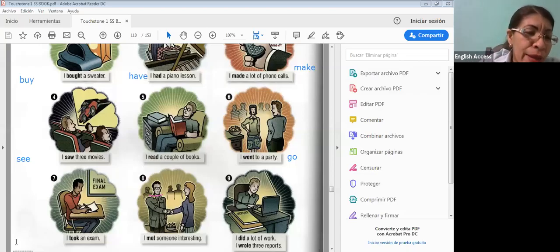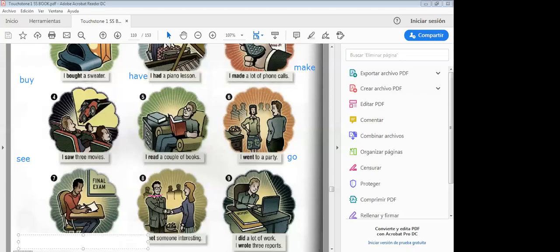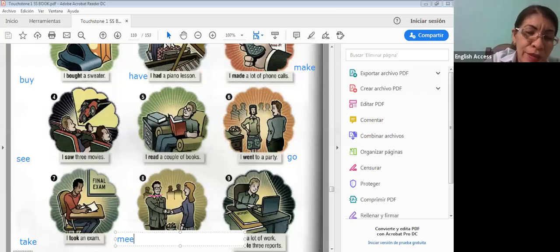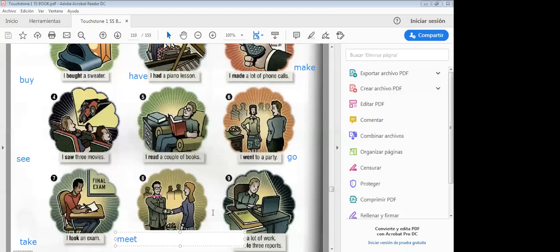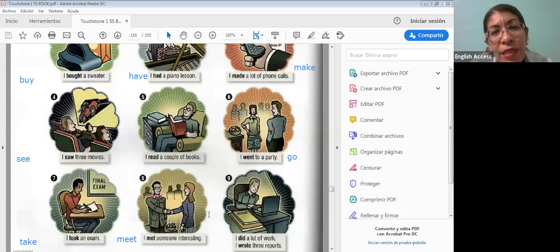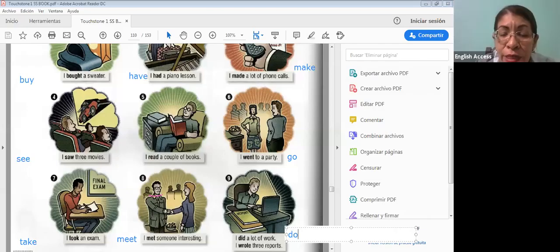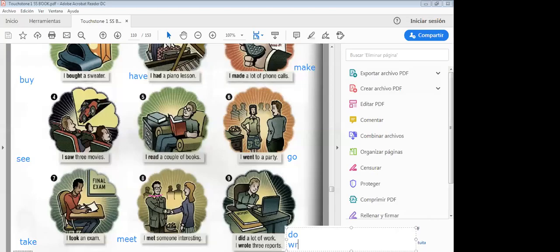Took is the past of take. Excellent, this is easy too. Met is the past of meet. Did is the past of do or does. And wrote is the past of write.